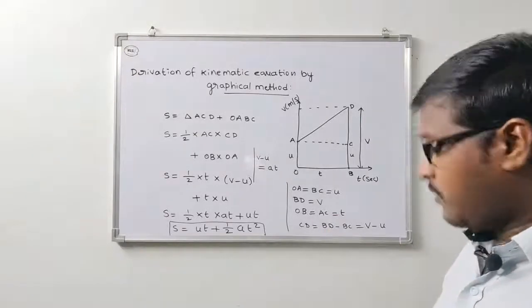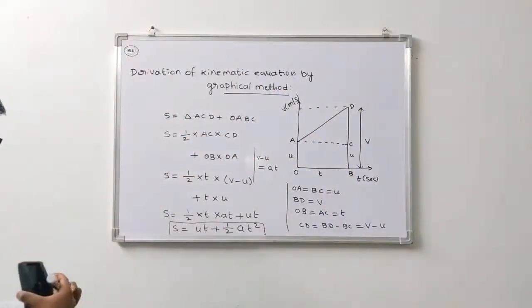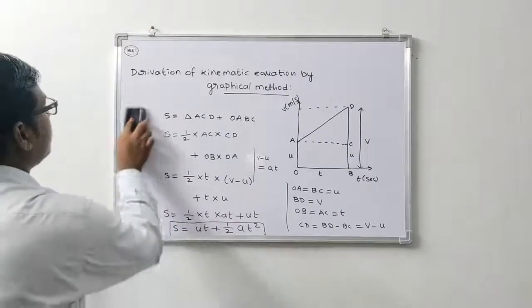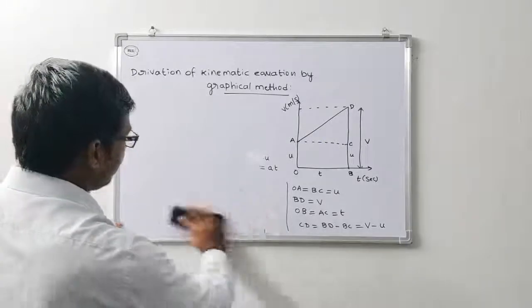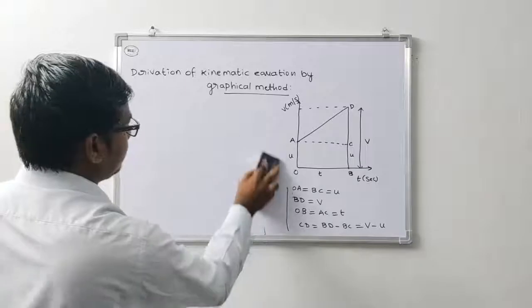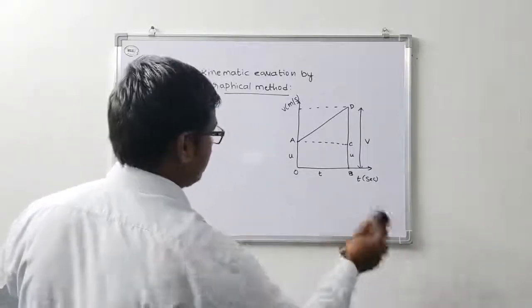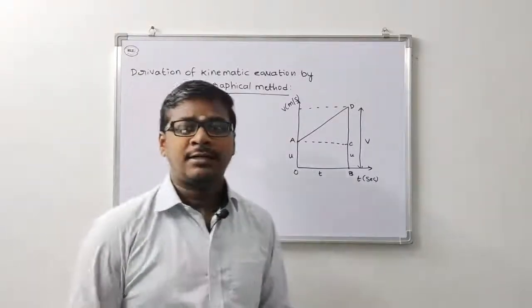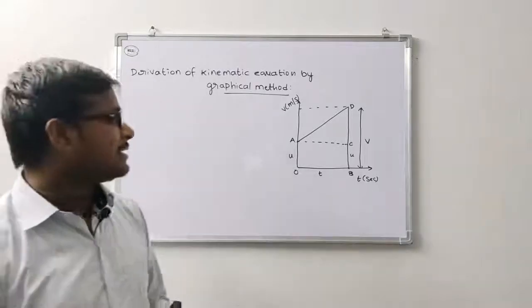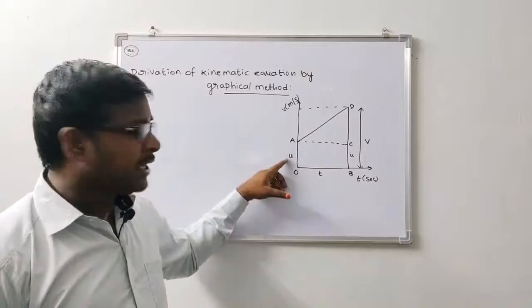Okay, next to derive the third equation, the kinematics third equation, with the same graph. Let us consider time t is equal to 0 seconds. The body moves with uniform velocity u.